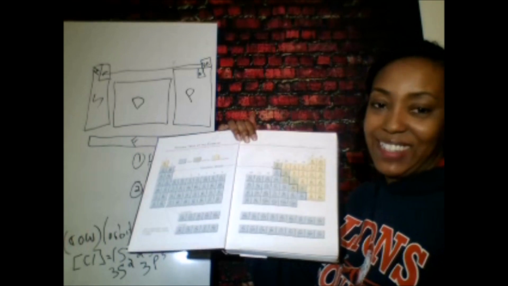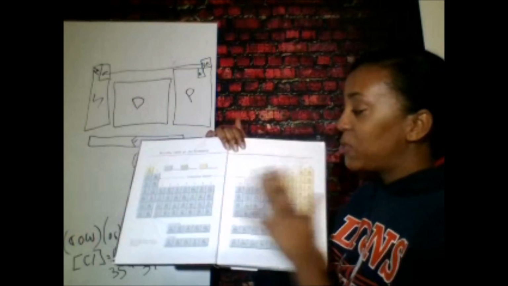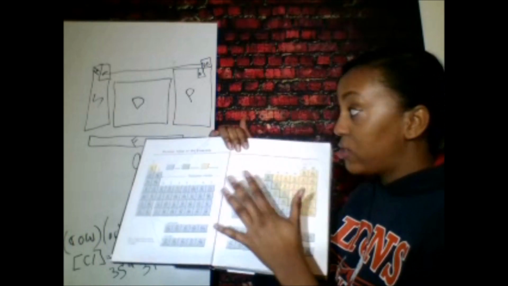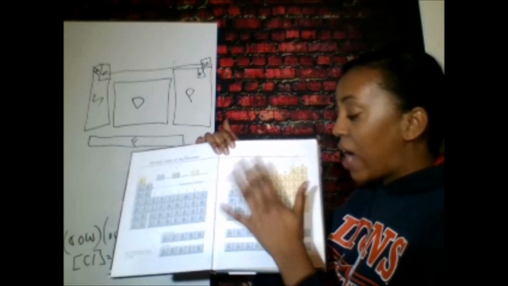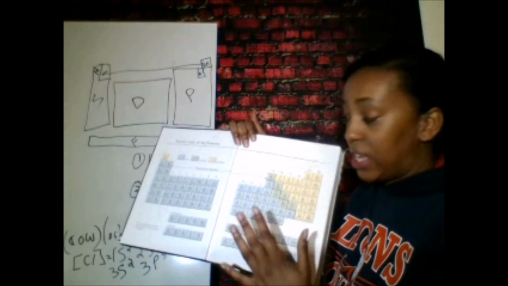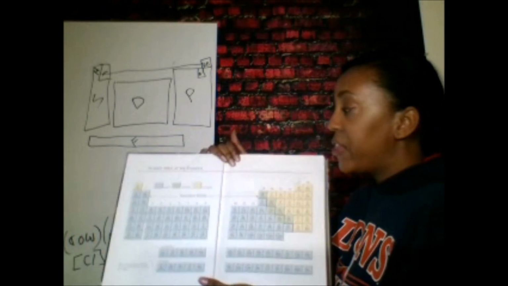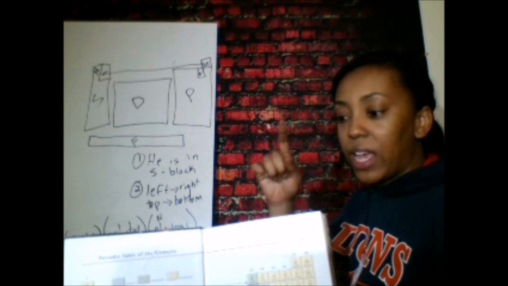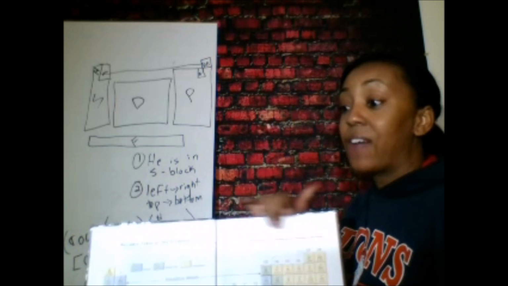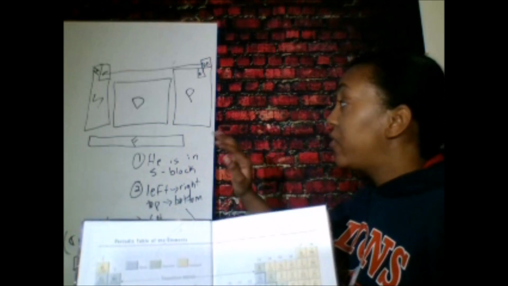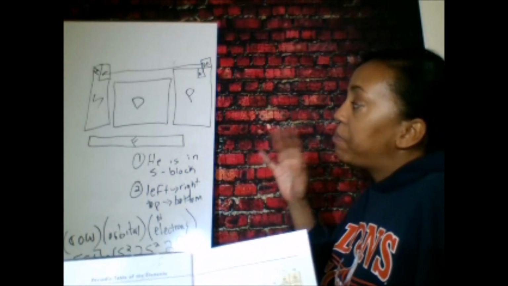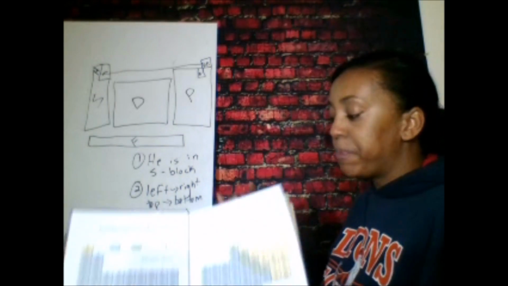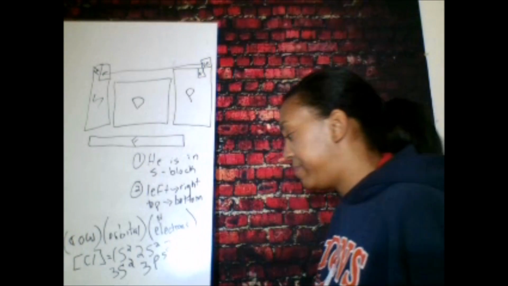So this will also give you some hints as to how many electrons can be found within the different orbitals. There is one notable exception though. One thing that I have to make sure that I say if you're going to use this method, you just got to know, okay? The D block.